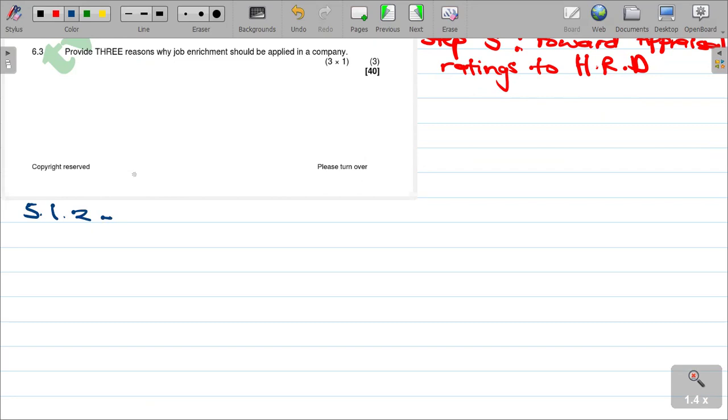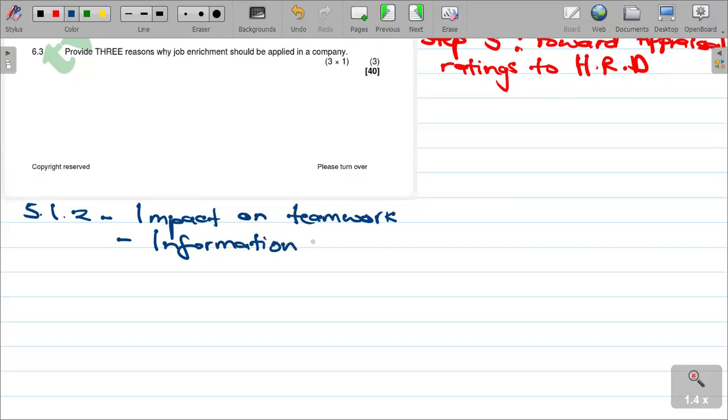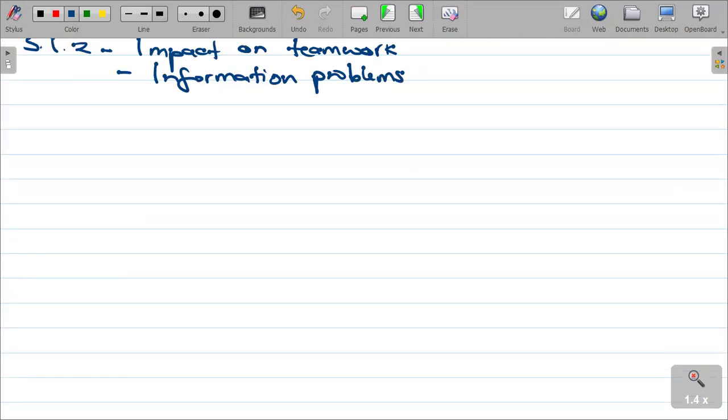It has an impact on teamwork rather than on individual work. And also, it has information problems. And it has an actual impact.